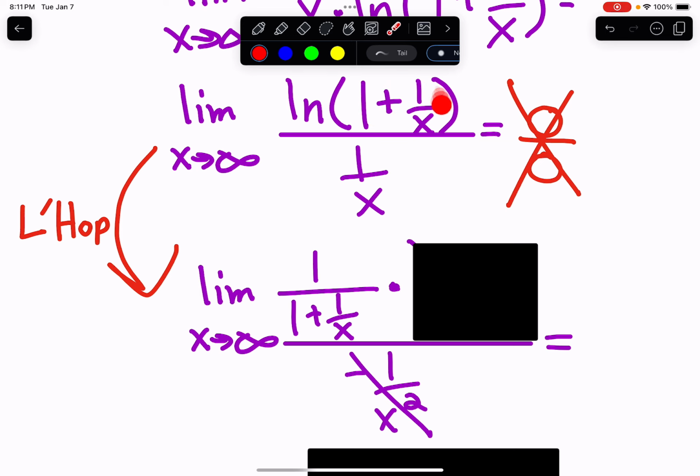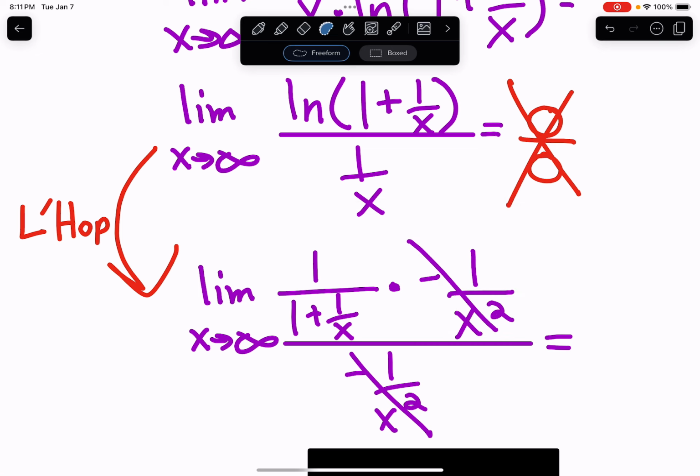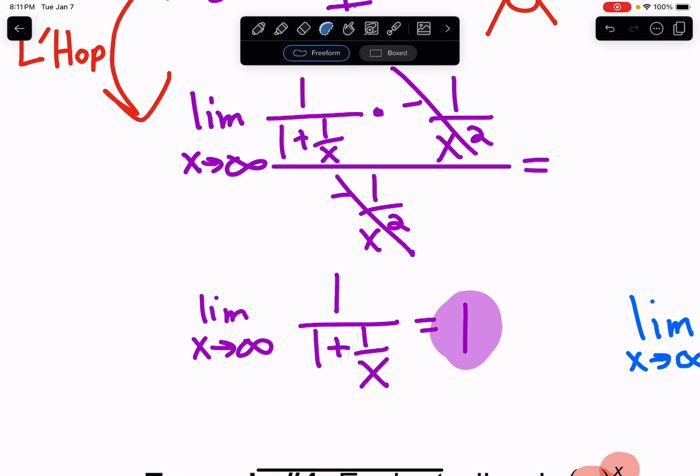It's just the derivative of that 1 over x, so again I get negative 1 over x squared. These two cancel out, and I am left with just the limit of 1 over 1 plus 1 over x. Now if I let x approach infinity, this goes to 0. 1 over 1 plus 0 is just 1 over 1, which is 1.